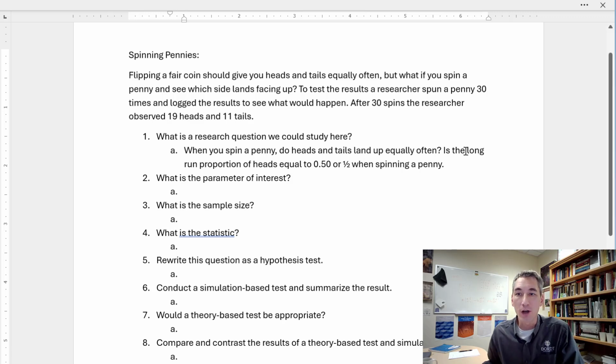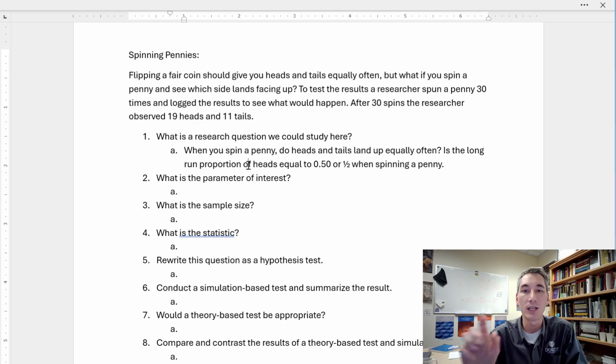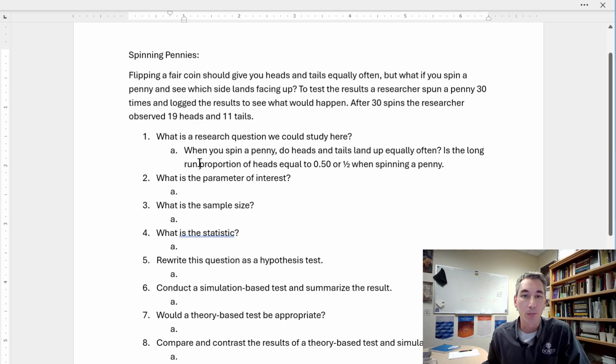Now you notice we're putting in that statistical language, the long run proportion, because what we want to know is when you spin the penny, are you getting heads 50% of the time or half the time, or a proportion of 0.5? And now we're using that proportion language.